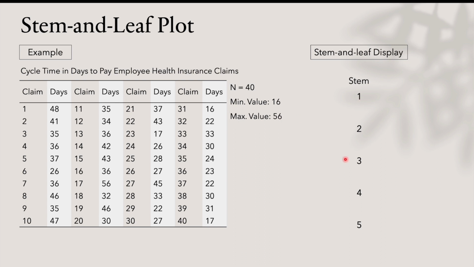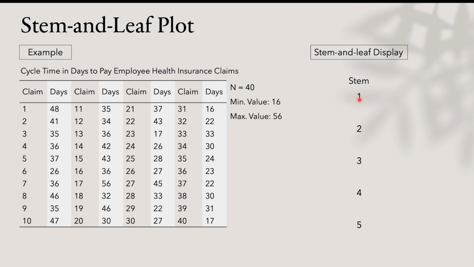Now there are two ways to represent it. One is like 1 2 3 4 5 as it is, and the other way is we can divide each stem into two parts, like 1 1, 2 2, 3 3, 4 4, and 5 5. Why? Because by dividing them into two parts, we can have an easier representation of the data.